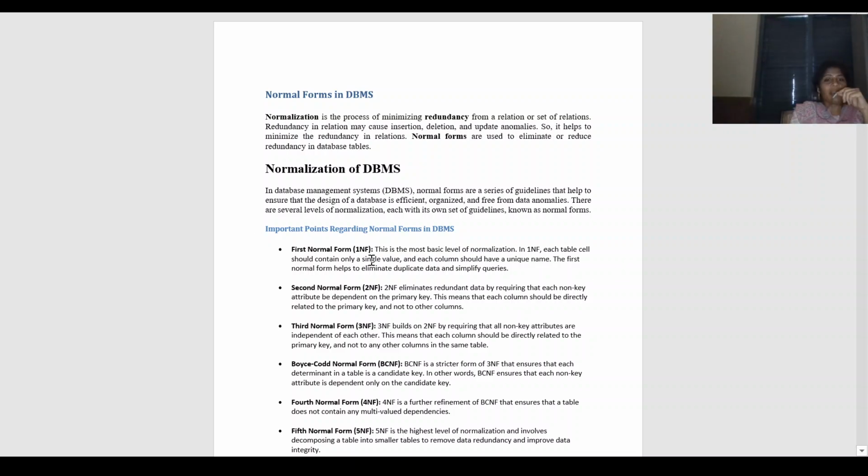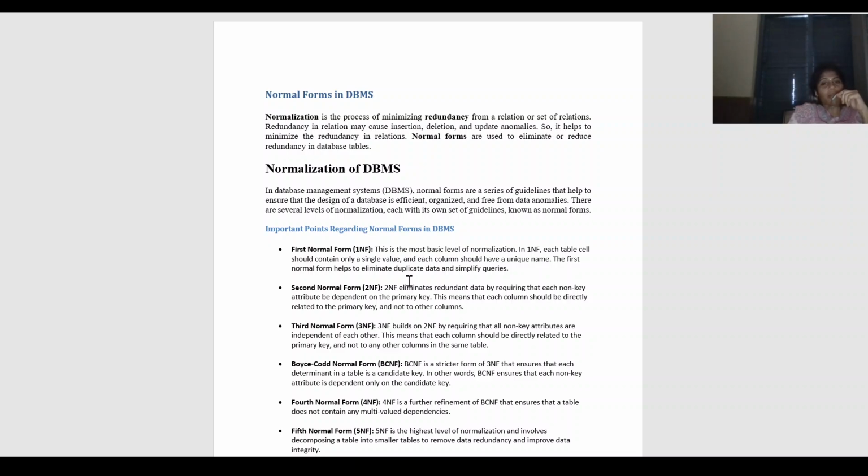The first normal form helps to eliminate duplicate data and simplify queries. And coming to second normal form. Before going to second normal form, the table should be in the first normal form.